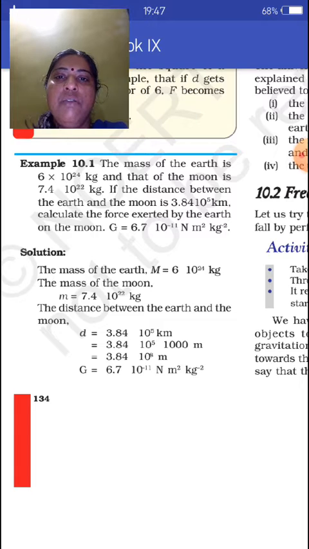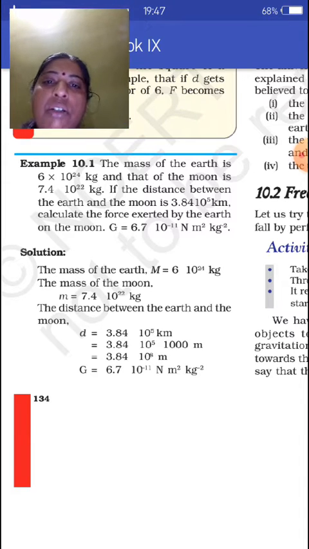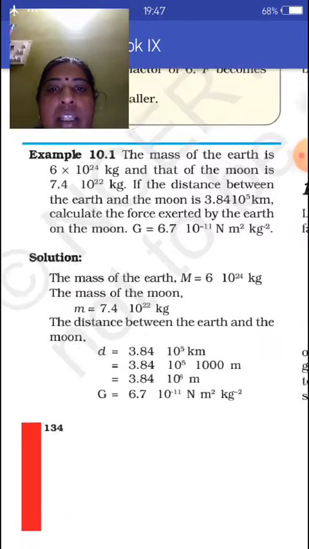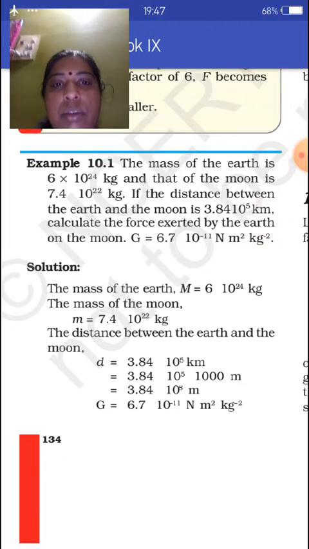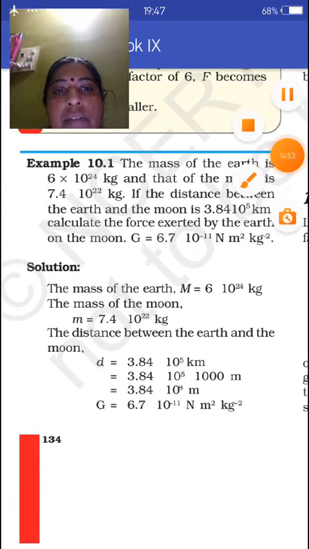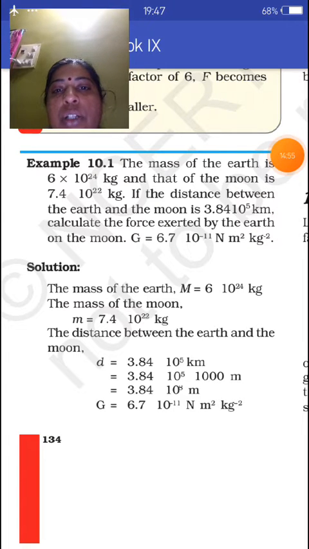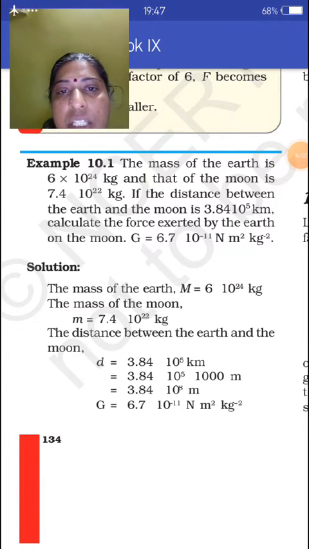Example 10.1. So first we have to write the data. The mass of the earth is 6 into 10 raised to 24 kg and that of the moon is 7.4 into 10 raised to 22 kg.